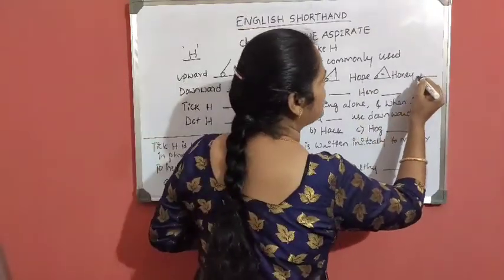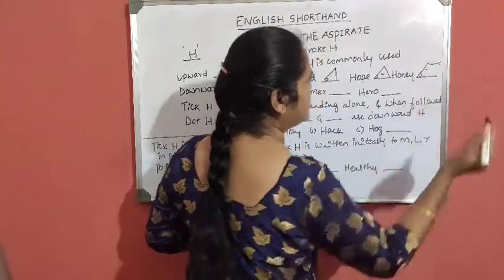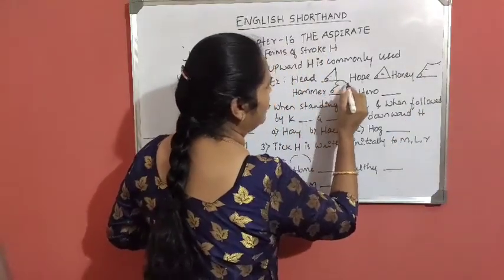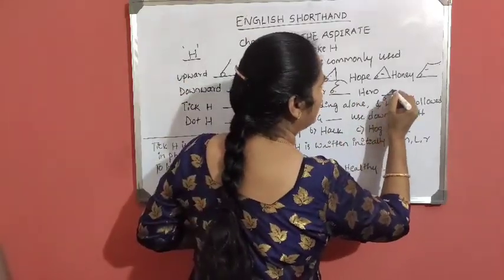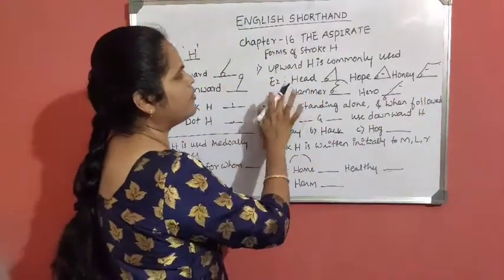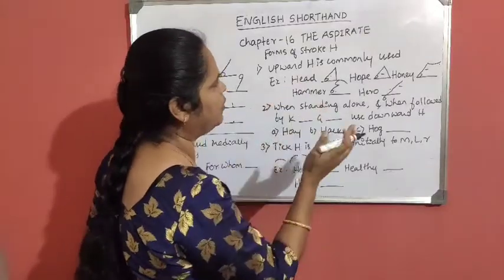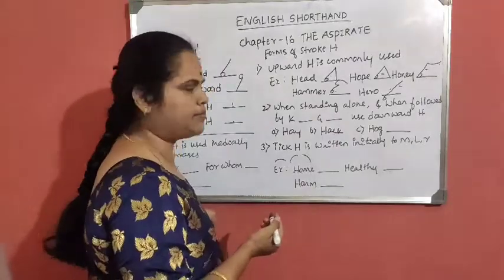Honey, H and N. After N there is an E vowel. Then hammer, H, mer, A vowel. Then hero, H, R, hero. This upward form of H is commonly used. For example, head, hope, honey, hammer, hero, hate. There are some more examples.